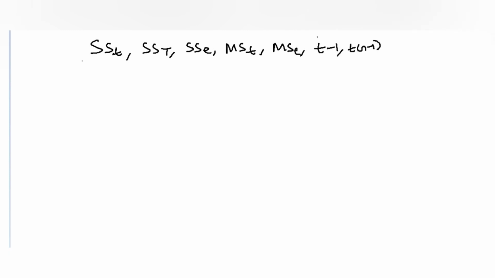You are also going to need your MS treatment and your MS error, and your degrees of freedom, which is T minus 1 for treatment, T into N minus 1 for error, and TN minus 1 for total.